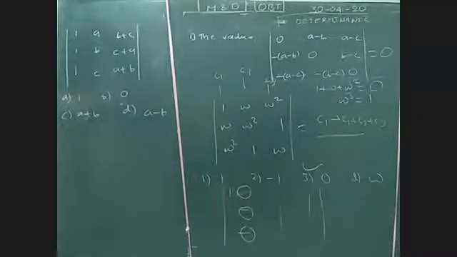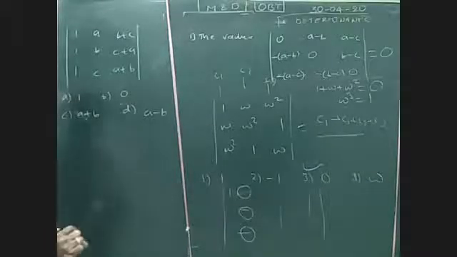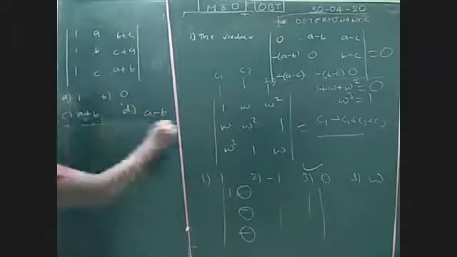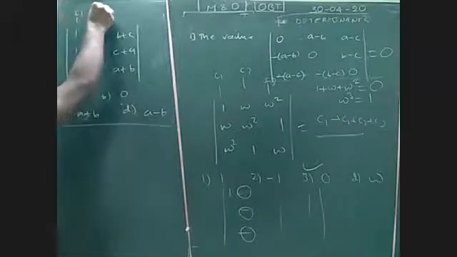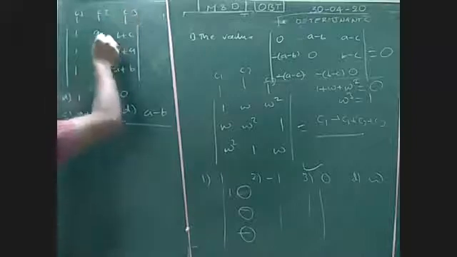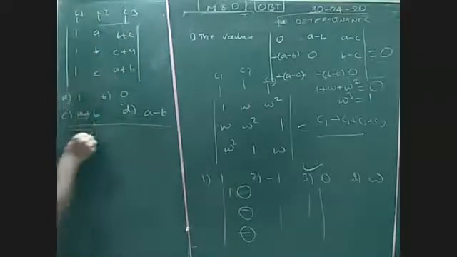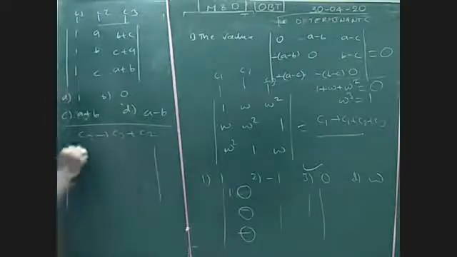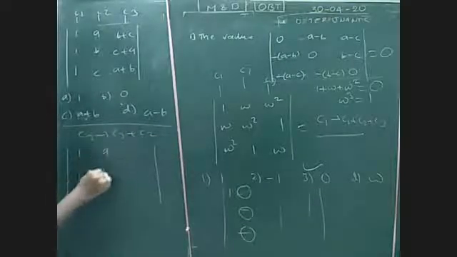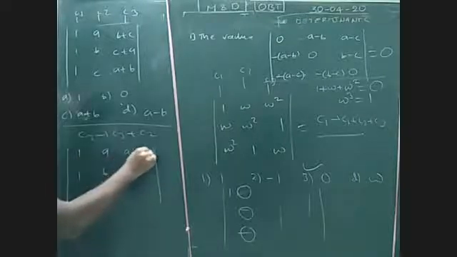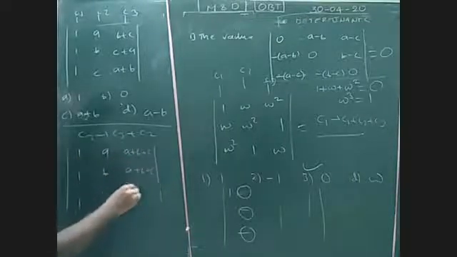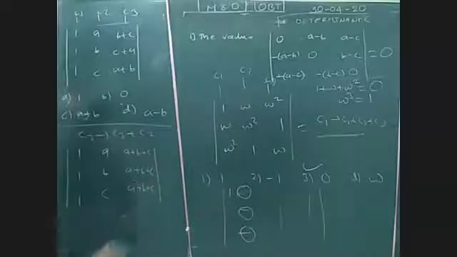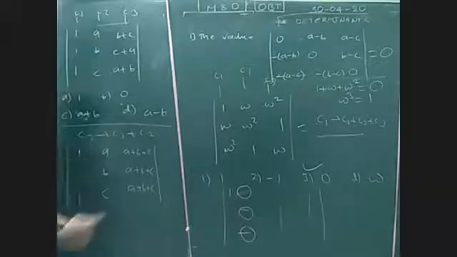Now can anyone say the answer? Yes. What is the answer? Simple. With C1, C2, C3, I want to add these two. C3 becomes C3 plus C2. What is the matrix? It will become 1, 1, 1; a, b, c; but here it is a plus b plus c, a plus b plus c, a plus b plus c. In the third column, see these two are identical.